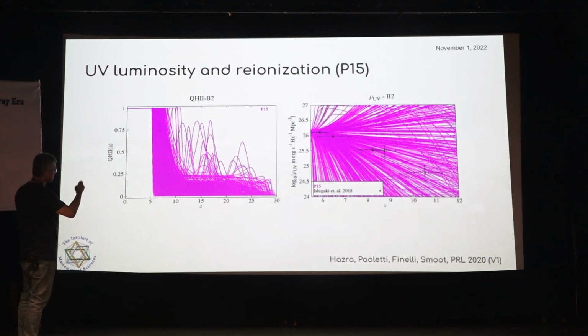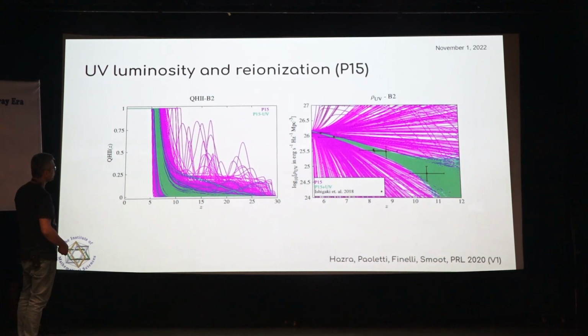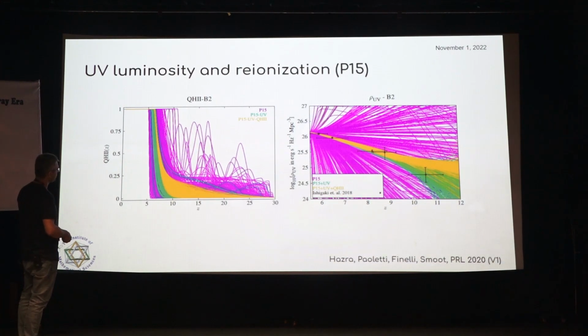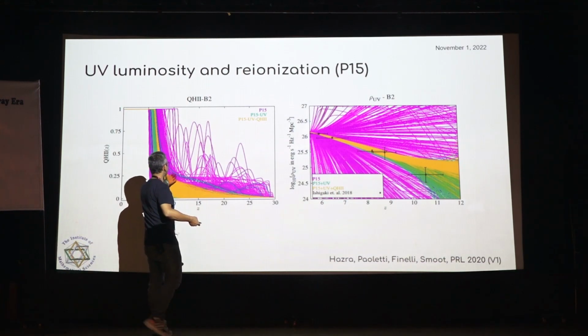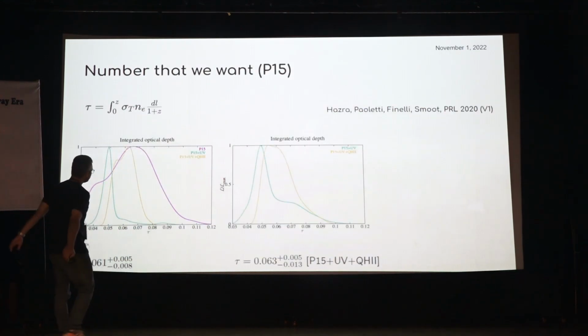These are the results. These are some samples that we had plotted, only Planck 15. Then if you add UV luminosity data up to 17, UV 17, and then if you add QHII data. So basically what you see is that it is constraining more and more when you add data sets.